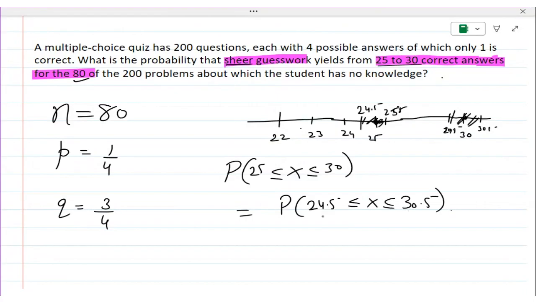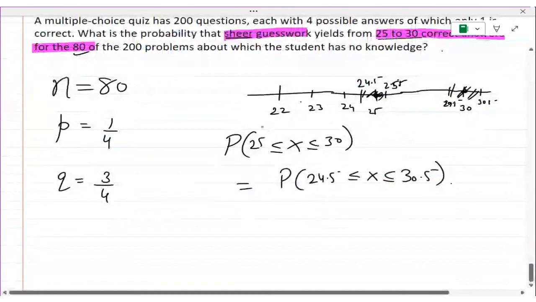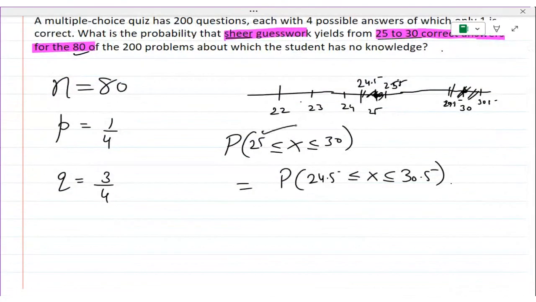Is this clear? If it would have been a question of normal distribution, it was very direct. First you will convert 25 into Z, then you will convert 30 into Z, and then you will find the Z value between these 2 points. Okay.